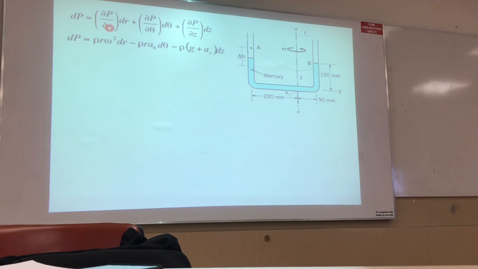Okay, now you can take a look. Delta P by delta R dr, delta P by delta theta d theta, delta P by delta Z dz. I substitute the value and get this equation. Remember, for this case, we assume this point is A and this point is B. After acceleration, this point goes down to here and this is moving up to here.